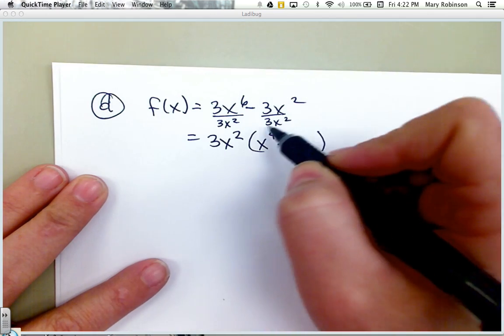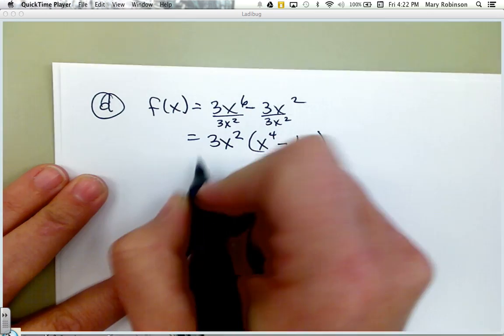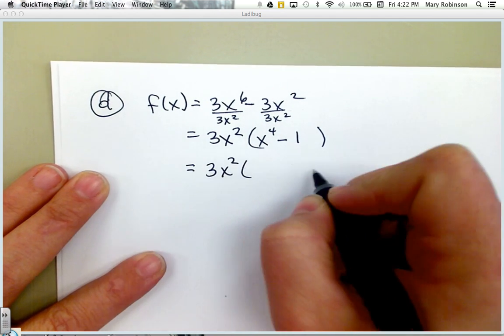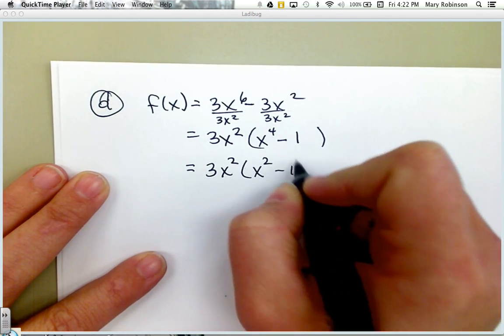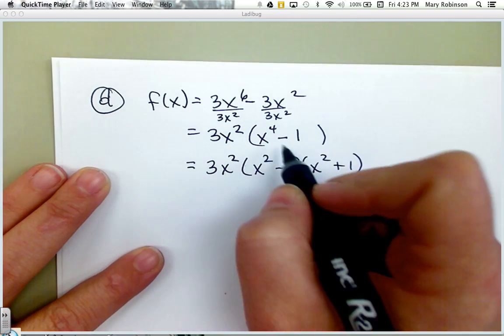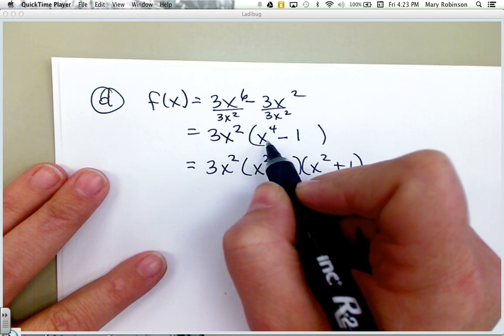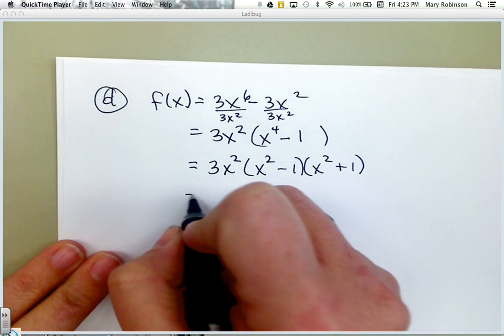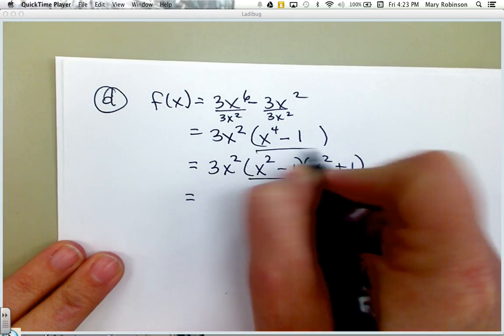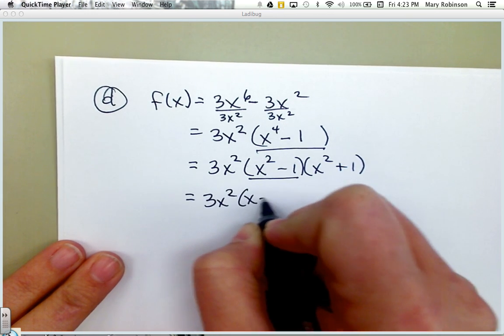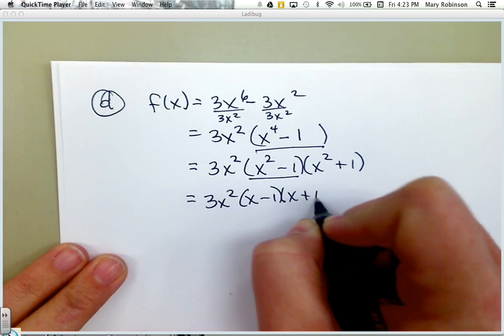The 3x squared divided by 3x squared is 1. Hopefully you look at this and also recognize that this is a difference of squares, because 1 is a perfect square and any exponent that's even is also a perfect square. But then that's also a difference of squares, which means this one here will factor into x minus 1 and x plus 1.